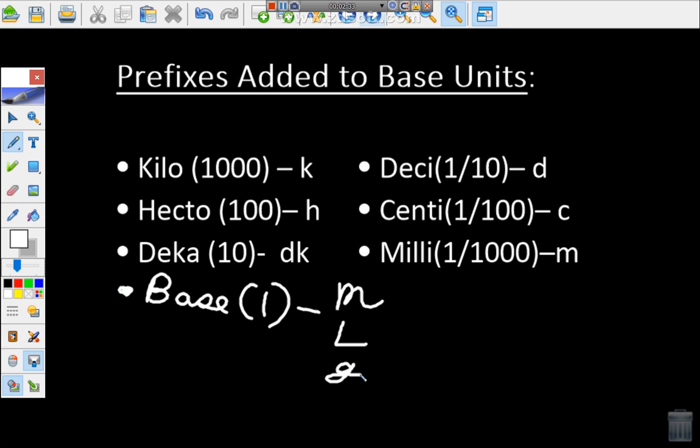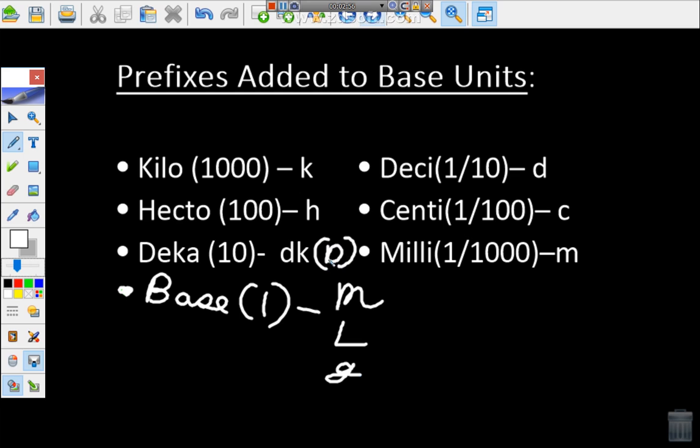So kilo is 1,000 bases. It starts with a K. Hecto, 100, has an H. Deca, 10, and I see it as DK, or I have also seen it as a capital D. So pay attention to that. Be ready for that. Our worksheet does have a situation of both.